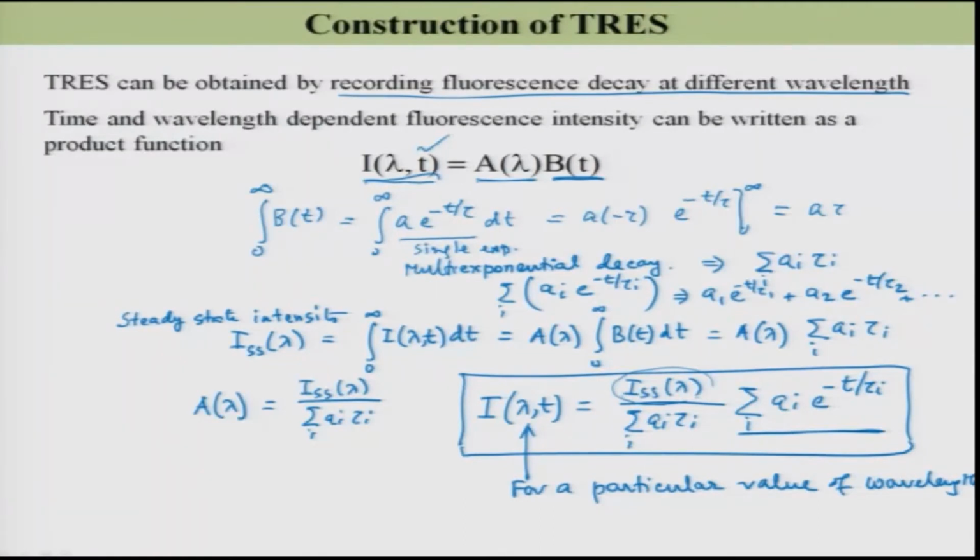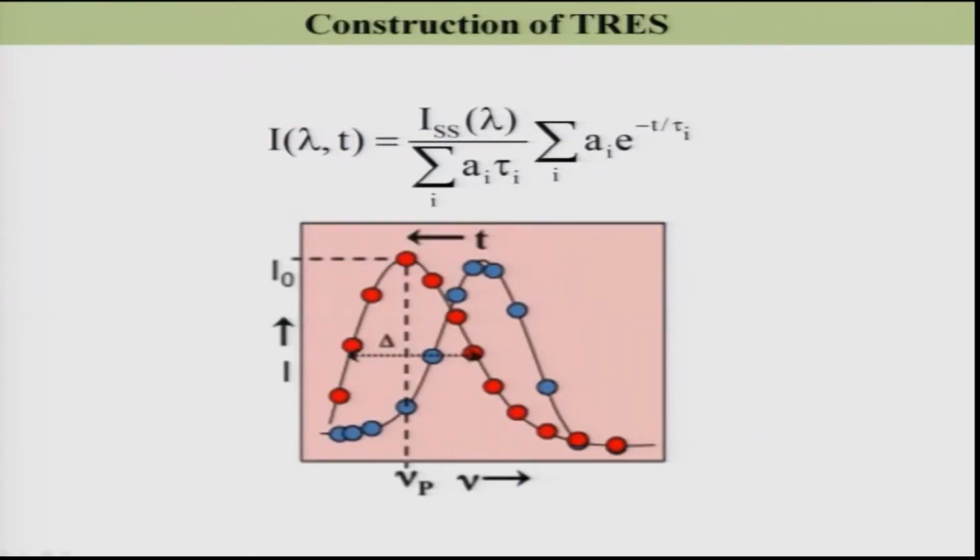So, if I just show you this plot over here, as you can see here at shorter time, this is my spectra, plotted in nu bar. In this case this is my shorter time spectra.